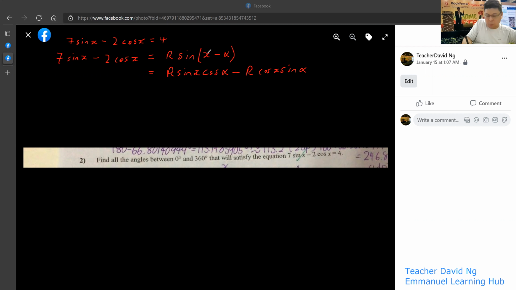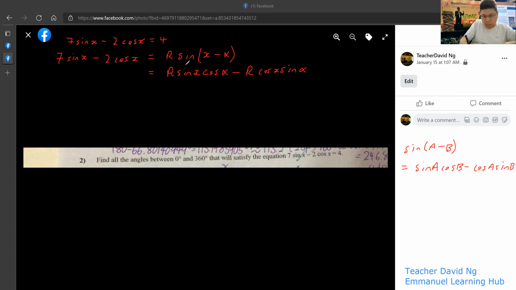You expand this way when you apply the trigonometry addition formula. You should be very familiar with your trigonometry addition formula, mainly sine A minus B equals sine A cosine B minus cosine A sine B. This is the trigonometry addition formula which you are using.